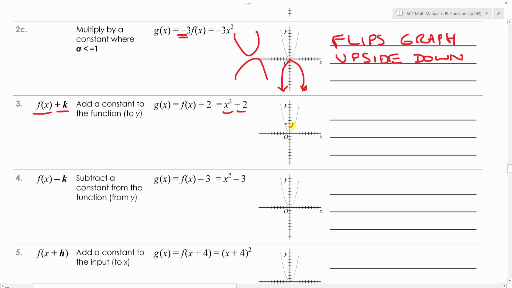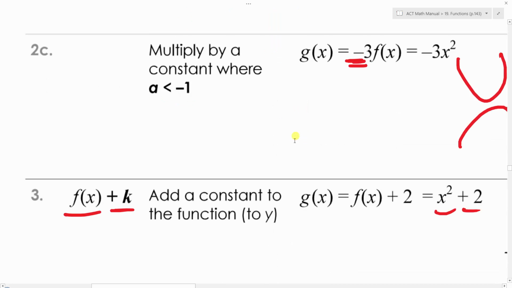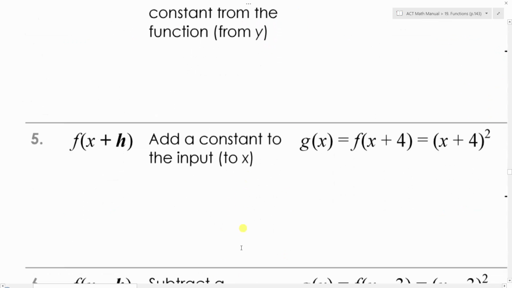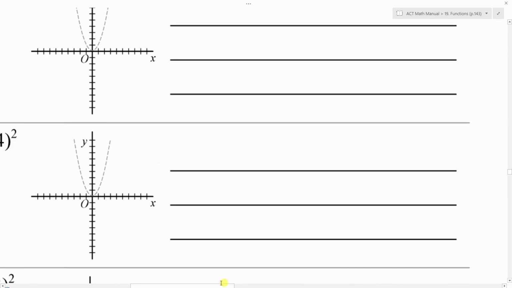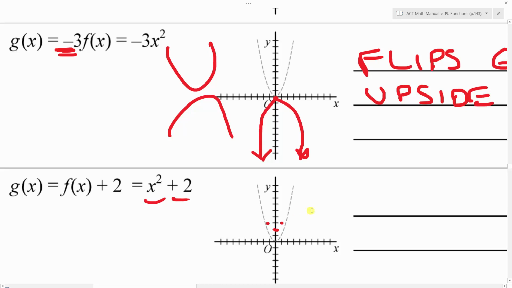Basically what has happened is we have actually shifted our graph up 2 units. So when we add that constant, we shift the graph up 2 units. The shape stays the same, even though it doesn't look like it from my drawing.